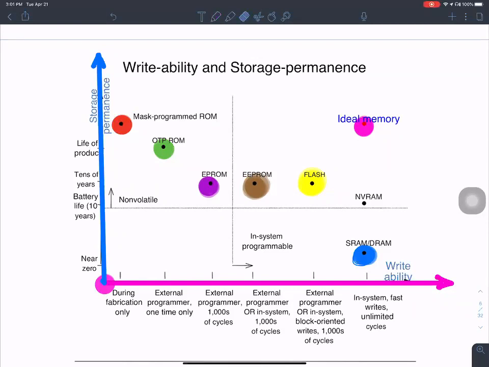On one extreme is the SRAM, which is very, very volatile, and on the other extreme is mask programmed ROM, which stores its data permanently, but it is very, very difficult to program. It scores very few points in terms of writability. The ideal memory, on the other hand, is something that is extremely easy to write and rewrite, and something that holds data for the lifetime of the product. A permanent, easy to write, rewrite memory is ideal memory.